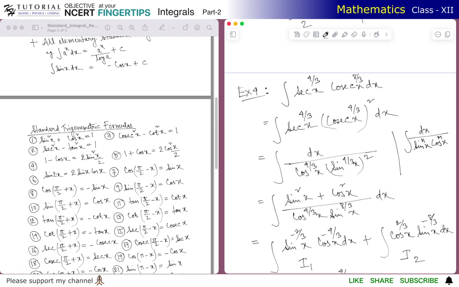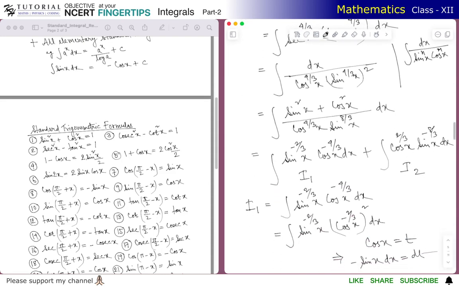We can convert that to sine 2x. Let me erase the solution first.